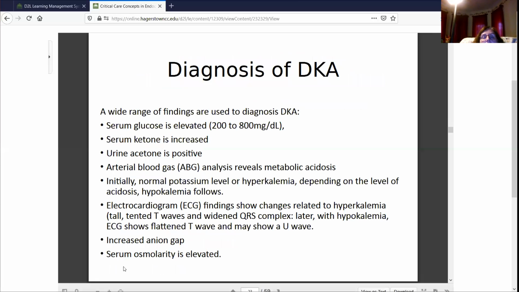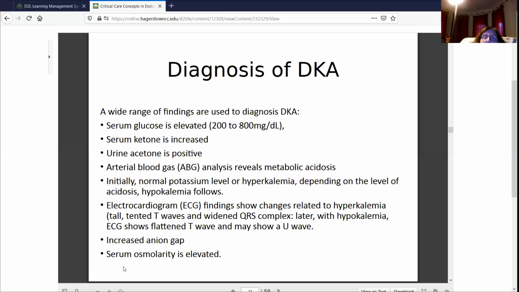All right, so how do we diagnose DKA? A wide range of findings are used to diagnose it. Serum glucose is elevated, 200 to 800 per deciliter. Serum ketone is increased. Urine acetone is positive.